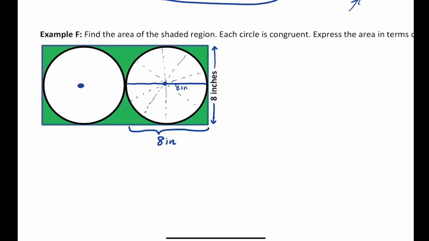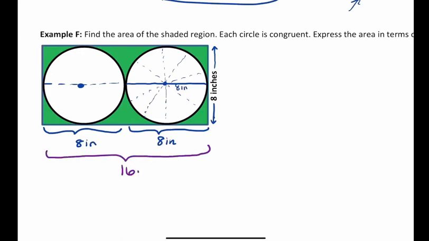And then we can assume, since these circles are congruent to each other, that that circle is also 8 inches, which in turn tells us the total length of that rectangle, which is going to be 16.